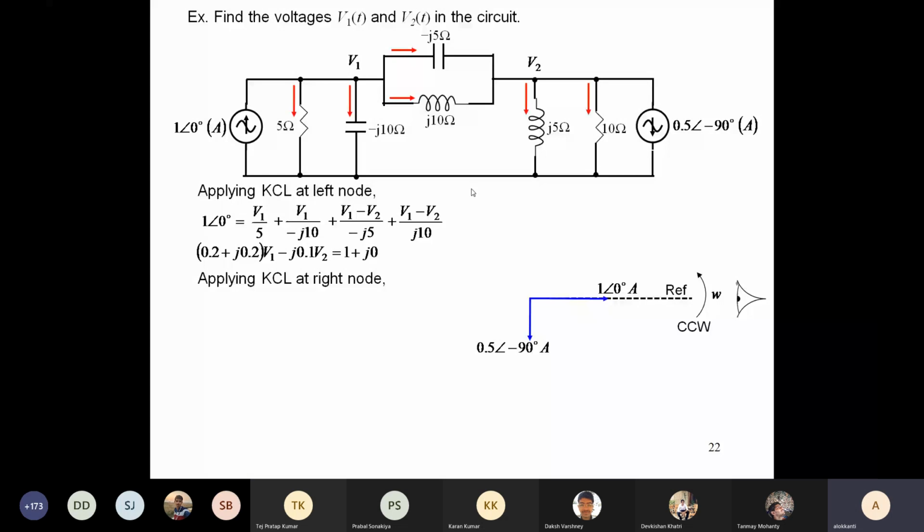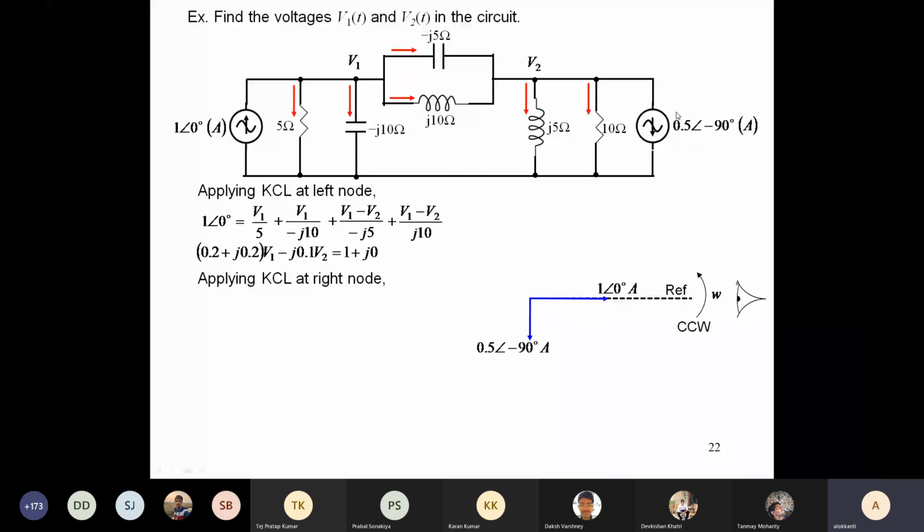You see, the right current is 0.5 angle minus 90 degrees and it is going down. If we consider the direction upwards, how will it affect this value? There is the minus sign.